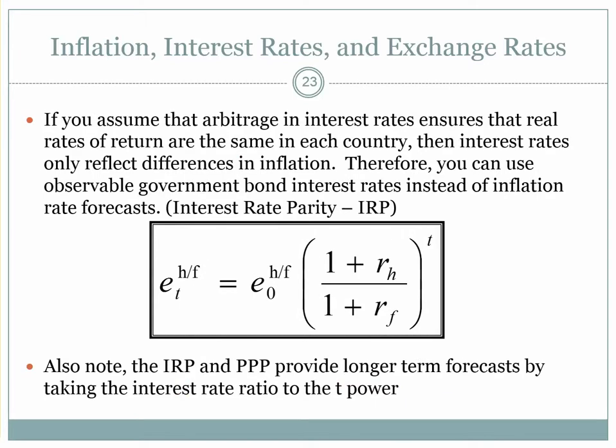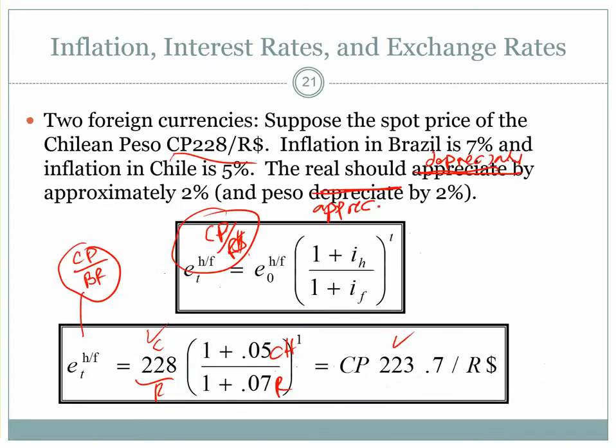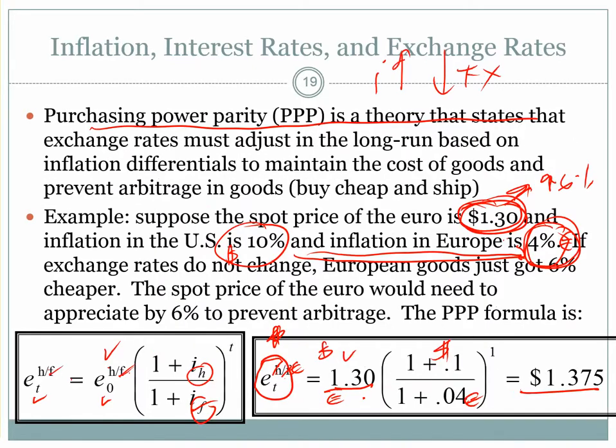And I'll mention this, I'll give you a couple practice problems at the end. If you assume that changes in inflation levels are what causes differences in interest rate levels of two economies because of arbitrage in bonds, then I could do all of these problems again, except I don't have to use inflation estimates. I can just use interest rates on their bonds.